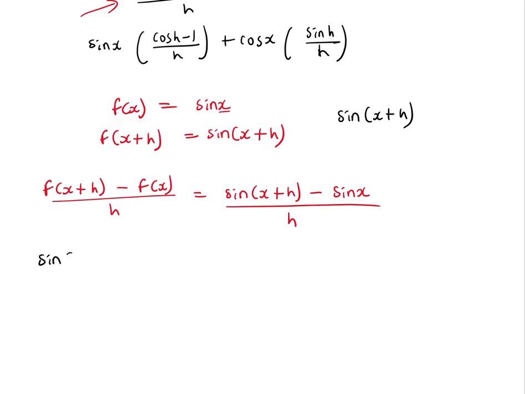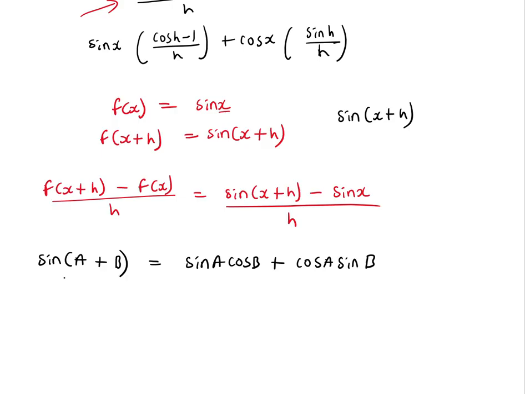Well, we know that sine a plus b is equal to sine a cos b plus cos a sine b. So this will be your trigonometric identity which you have to use.